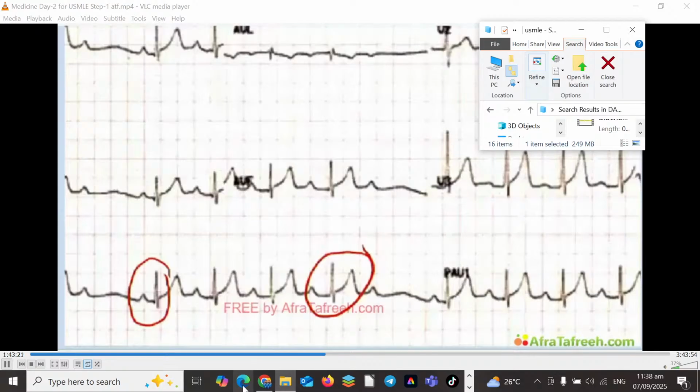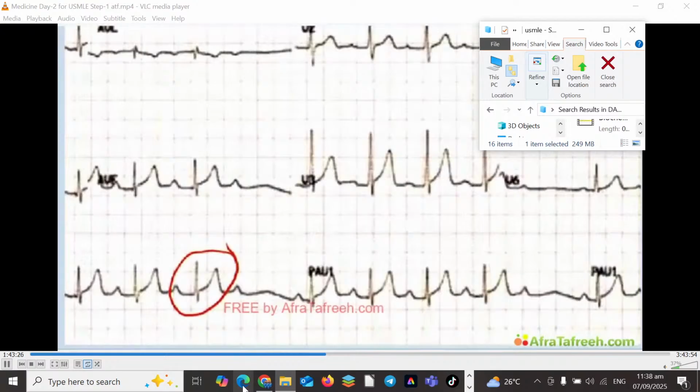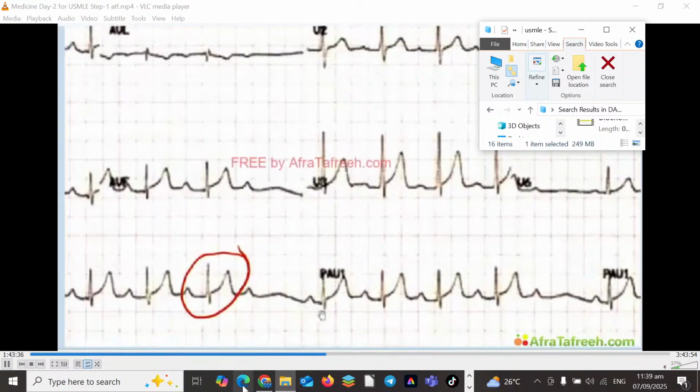And can you see after that it is followed by an empty block? So the way I said, the best way is you see this one and then you compare it with the immediate next one and you see that there is a prolongation. So this is a Mobitz type 1 block.